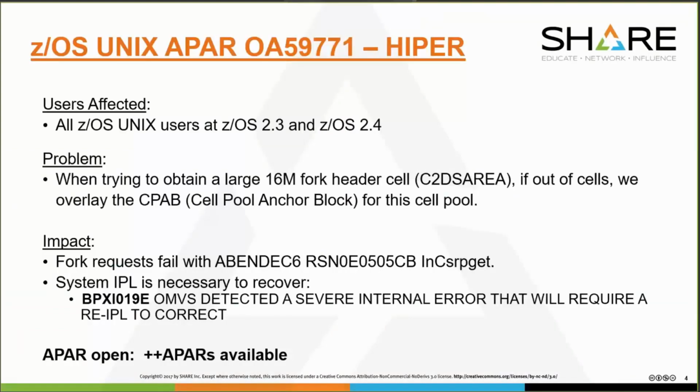Starting off with z/OS Unix APAR OA59771, this APAR is marked HIPER, and it affects all z/OS Unix users running z/OS 2.3 and 2.4. The problem is that in some of our code flows, when doing a fork, in some cases we need to obtain a larger 16 megabyte fork header cell, and if we happen to be out of those large fork header cells, then we end up overlaying a cell pool anchor block, or CPAB control block, for this particular cell pool.